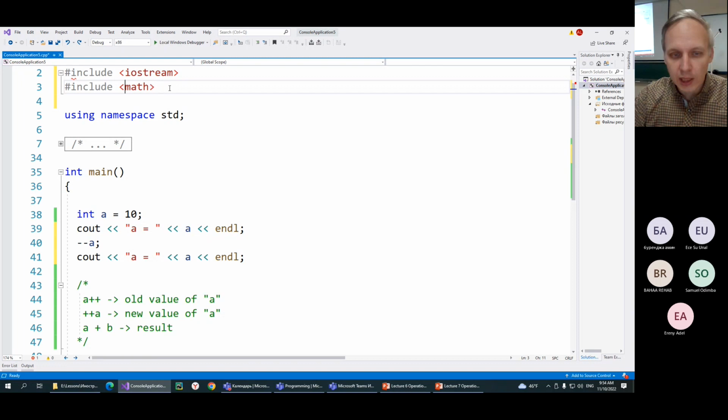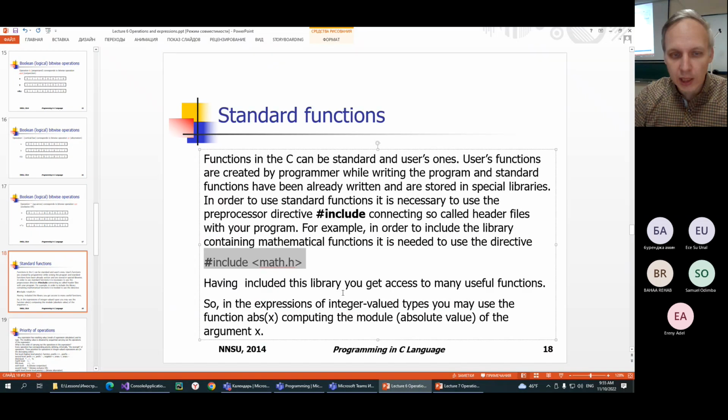Without the point, the name of this module is cmath, but let's use the C language style, math.h. This module contains a lot of useful mathematical operations, and related to integer numbers, maybe the most useful operation is abs, the absolute value of the number.